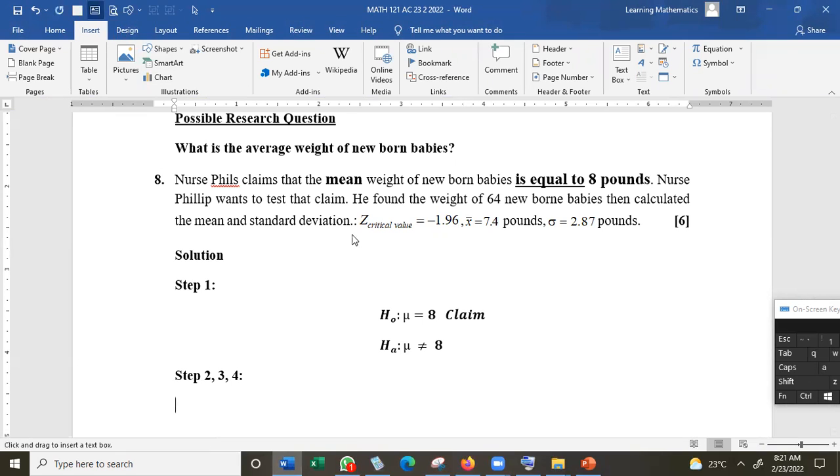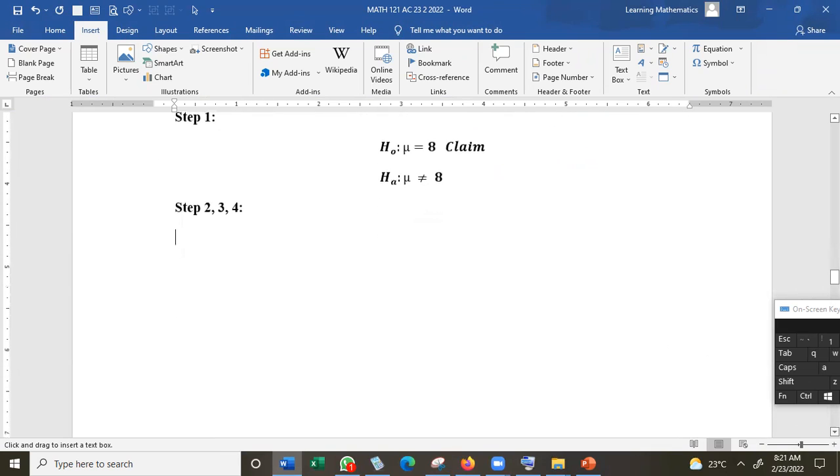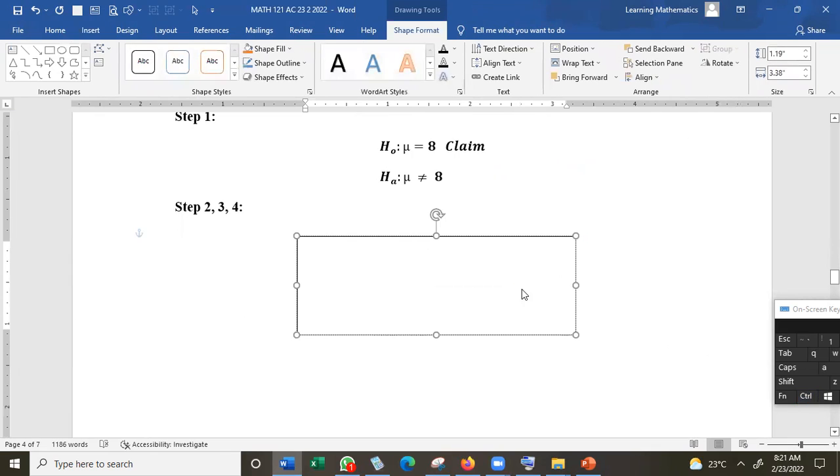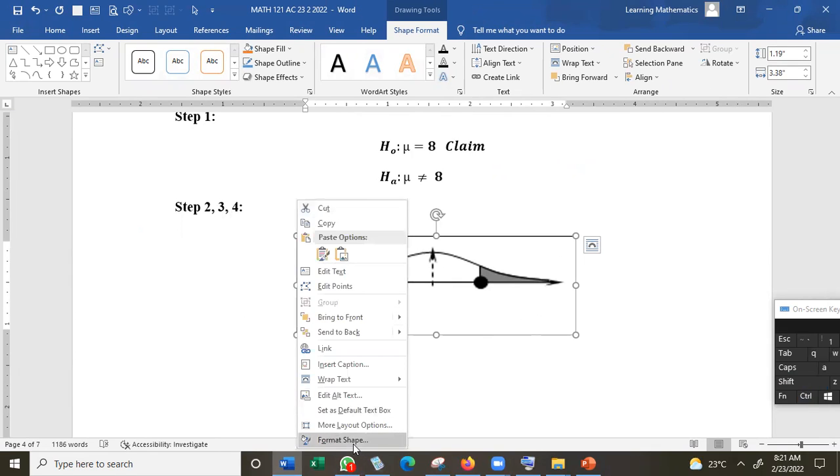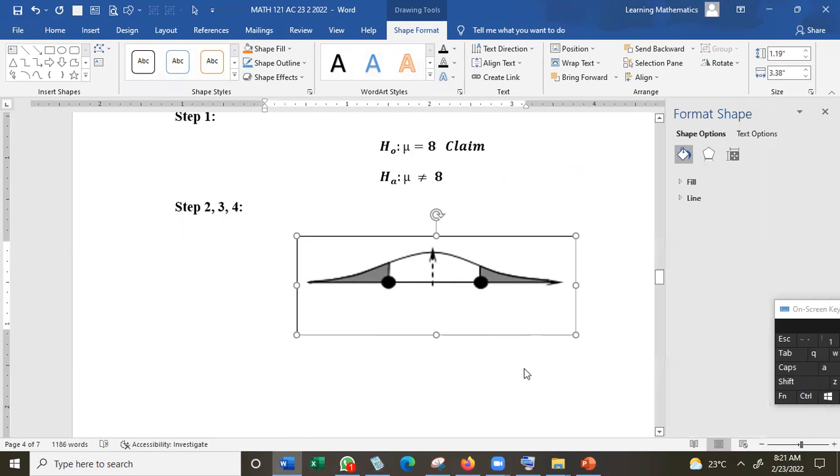Let's put this in a text box. So we have steps 2 and 3: the curve, and the critical region shaded on both sides. What we're missing now is to put the critical value. The critical value will be provided.